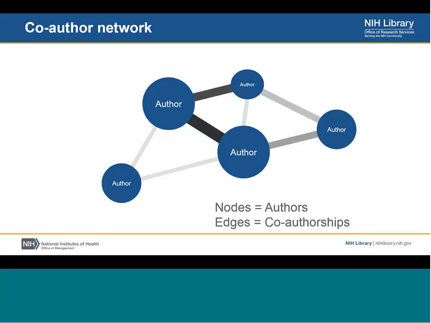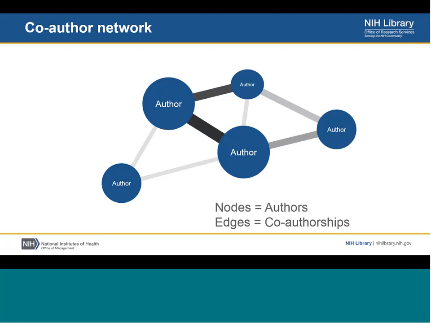If two authors write a paper together, that creates a link between those two authors. This would be an undirected network because there's just whether or not there is a co-authored paper. There's no direction really associated with that edge. It's just a measure of whether or not it happened. But it can be weighted, based on the number of papers that two authors write together.